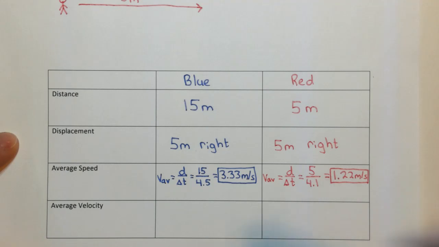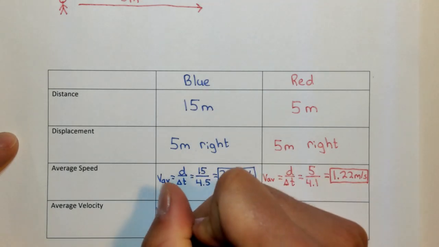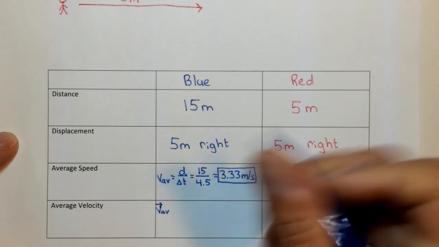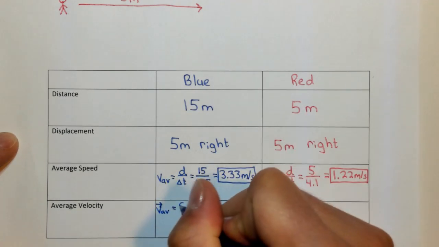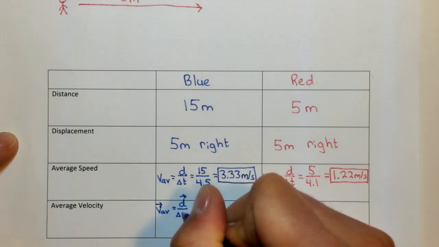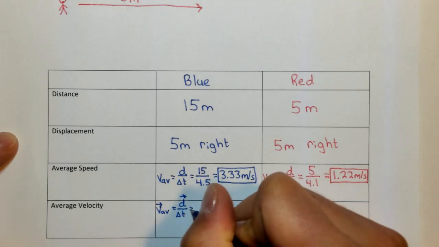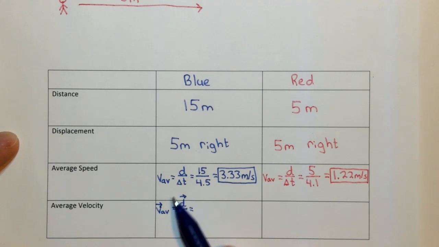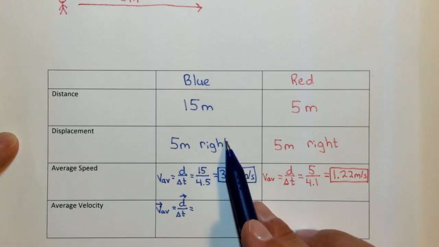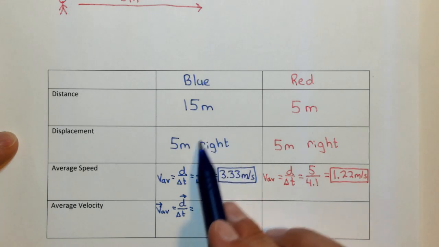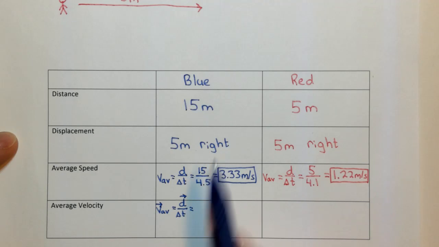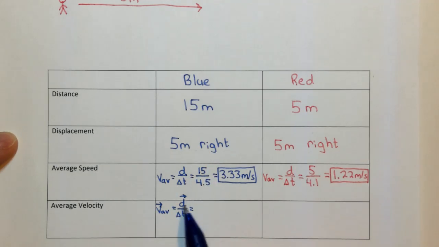Blue's formula for average velocity, v-hat, is displacement divided by delta t. Now, blue's displacement is 5 meters to the right. Now, this right part is important. This is what makes this a vector. And we definitely need a vector in this formula.